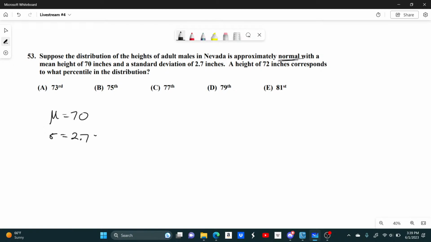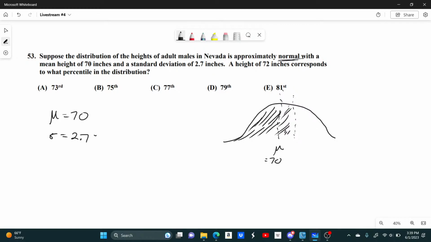It says the height of 72 corresponds to what percentile in the distribution? So if you have a normal curve, here's your mean. Since that's 70, 72 is going to be somewhere around here. The percentile is going to be equal to just the area to the left of your curve, right?